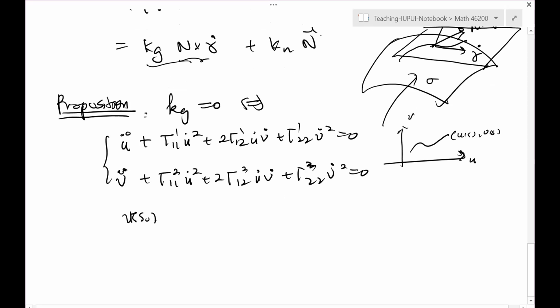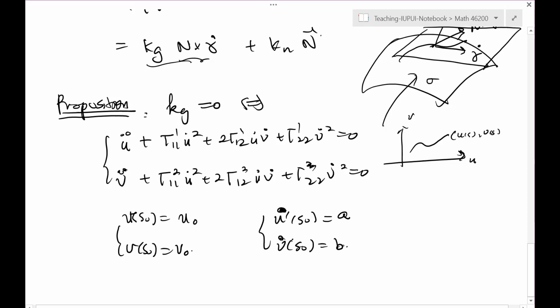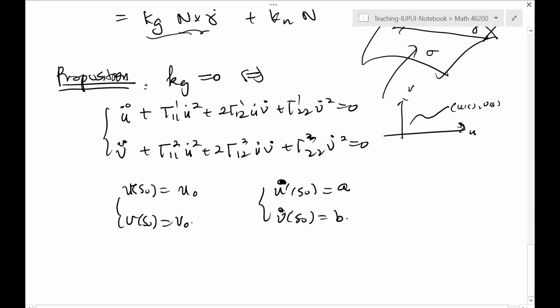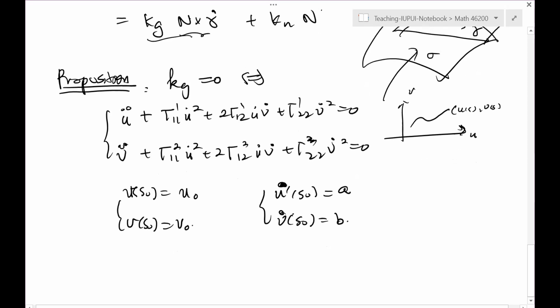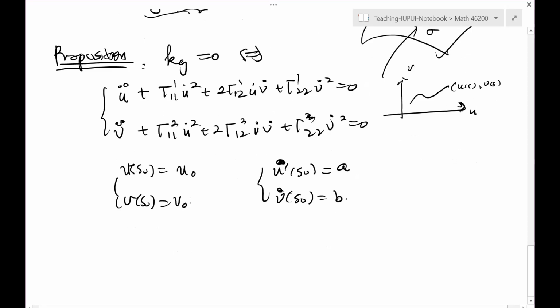So you want to find the initial condition. This system of differential equations has a unique solution for any given, let's say, s naught equals u naught, v naught. Okay, that's the first point. And then we also should have the initial condition, it's a, I'm going to use dot here, and it's b. So by the ODE theory, what does it mean here?